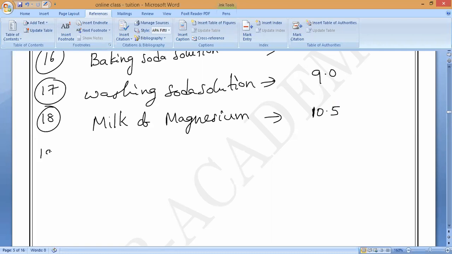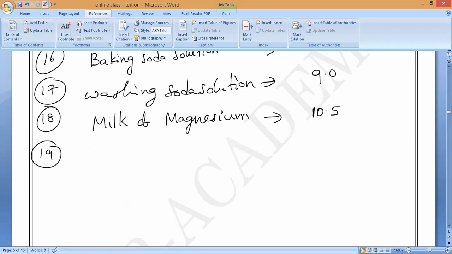Milk of magnesia contains magnesium hydroxide, Mg(OH)2. The other one is sodium hydrogen carbonate or sodium bicarbonate. These two are called antacids. Please remember that. How many times should I say? Last class also I taught you.